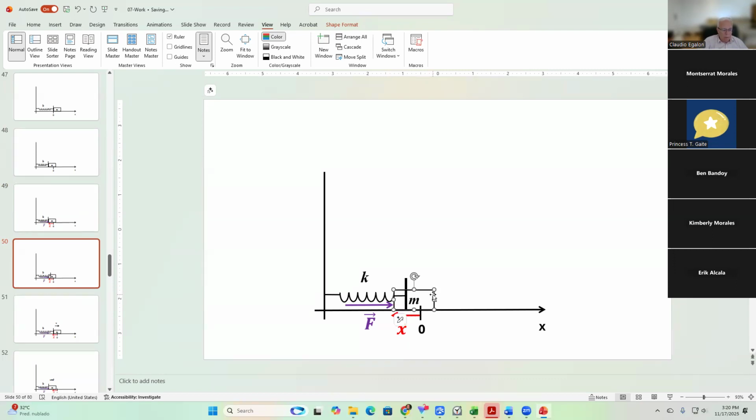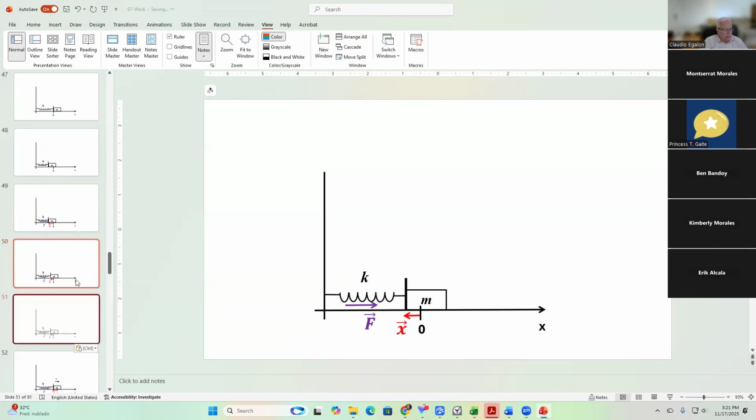Playing the movie for you to see. It's very important to play the movie. As the spring goes back to its initial position, both the displacement and the force end up changing. The displacement becomes smaller, and the force decreases as well.